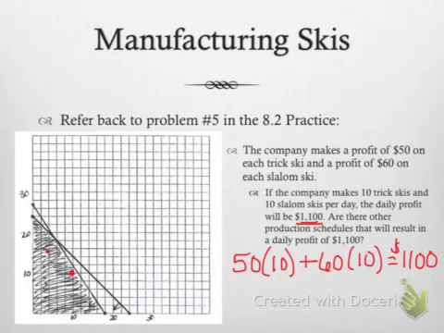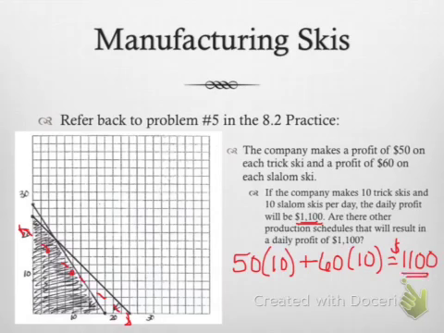And really, any XY combination is going to fall somewhere along this line, the line made by those 2 points. Any XY combination along that line would give you this $1,100 worth of profit.